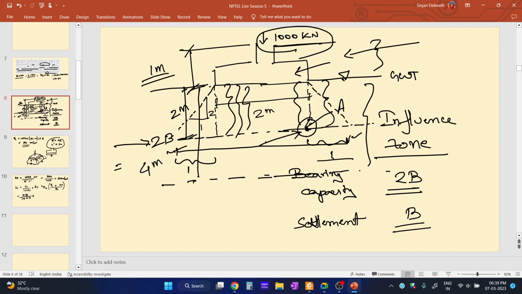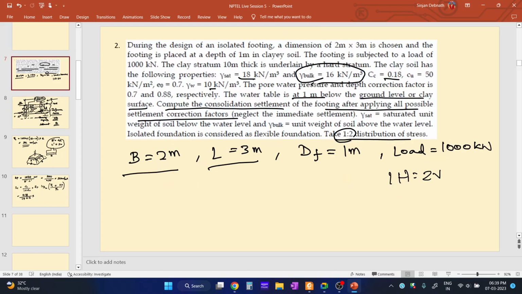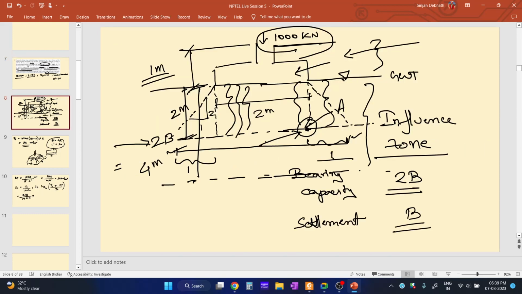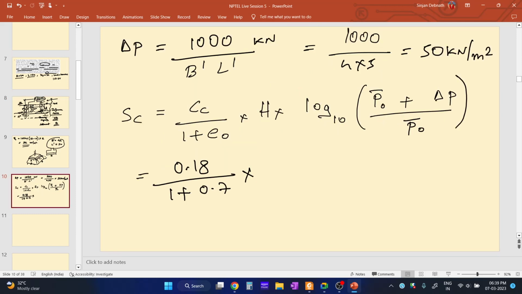But what was the original layer? See, the original layer was over here. The original layer was 10 meter thick. Okay, but what was the influence zone? The influence zone for this problem is 2B. Okay, so for consolidation settlement, this H will be up to the influence zone. Okay, that means 2B. So what is B over here?